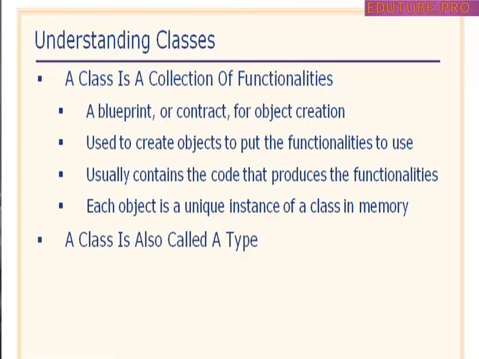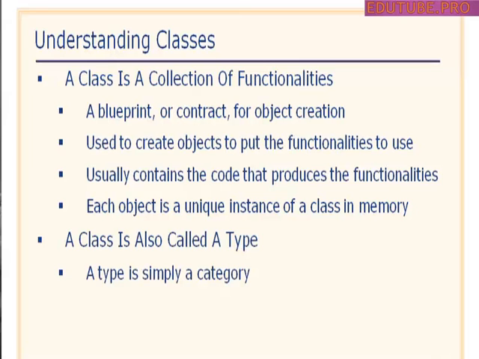Now here's something that will confuse you if you're new to this whole object-oriented programming game, and that is you will hear a class called a type, and you'll be reading out there and they're talking about, well, you'll create a type or you'll use a type. Well, that is exactly true.